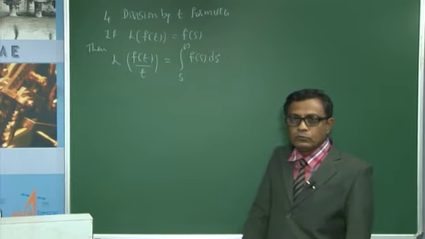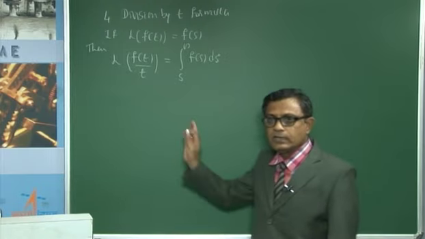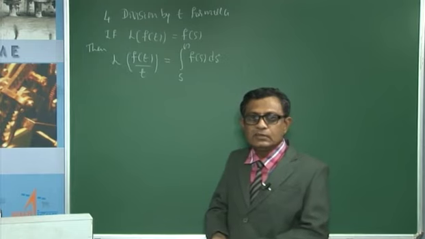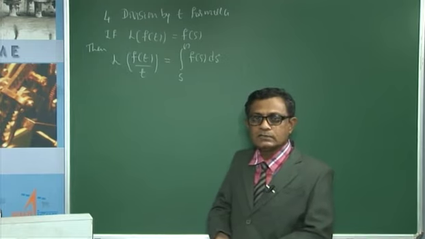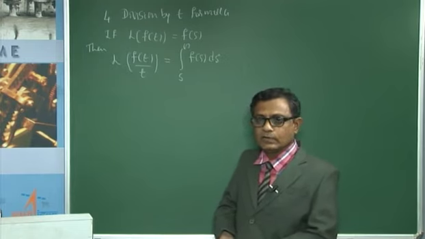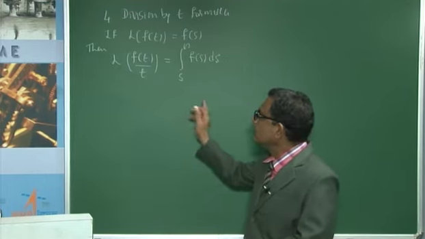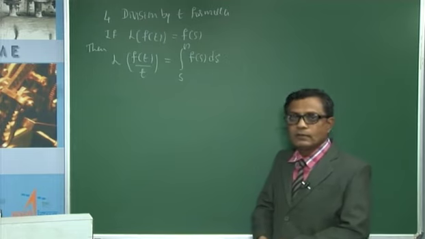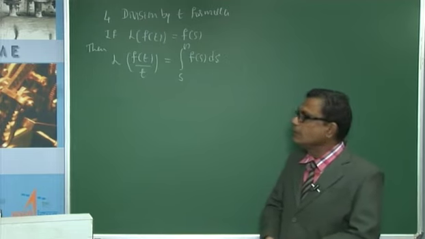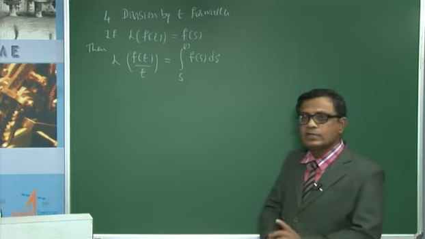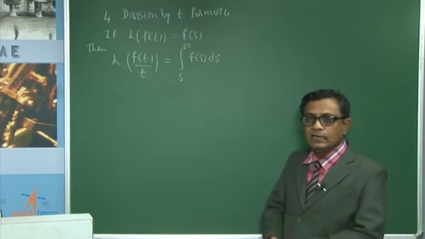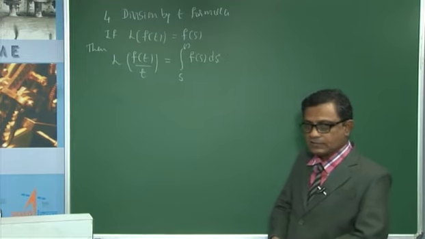We can prove this formula just by using the definition of Laplace transform. It is a very simple proof, and directly we can take it as a formula: L of f of t by t is equal to integration s to infinity f of s ds.